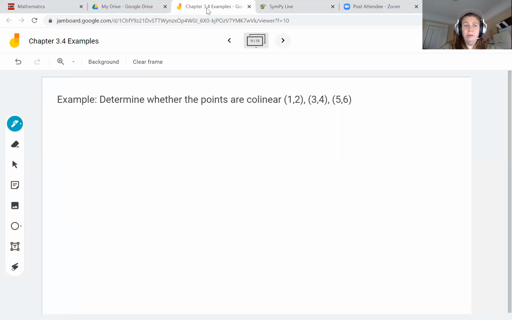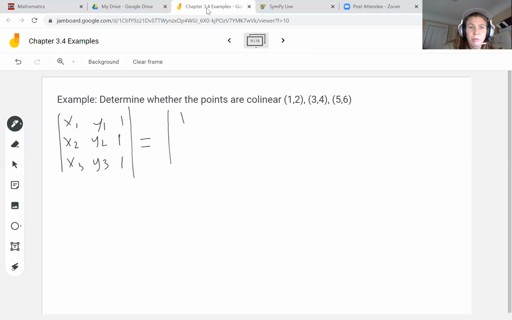So we are going to determine whether these points are collinear. So the points are (1, 2), (3, 4), and (5, 6). So let's go ahead and put them into our determinant x1, y1, 1, x2, y2, 1, x3, y3, 1, and check to see, well, what is the value of that determinant?